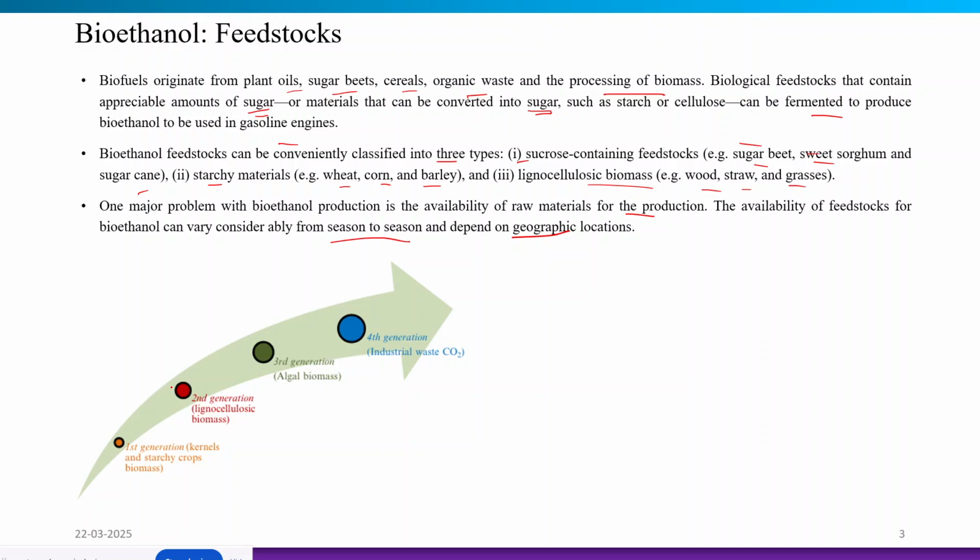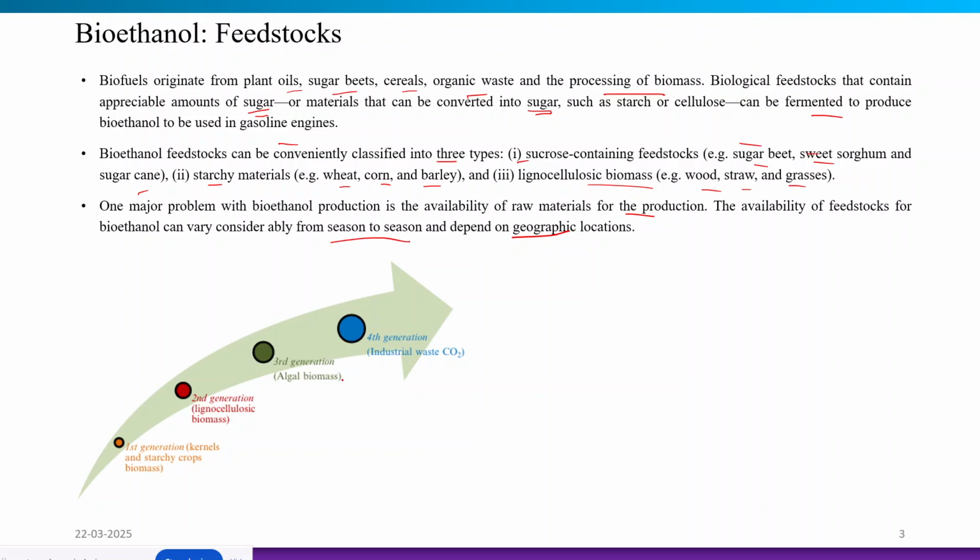So we can see that there are four generations of biomass feedstock for bioethanol production. First generation is something that we are considering edible crops, like starchy crops or sucrose containing feedstock. Second generation is the lignocellulosic biomass.